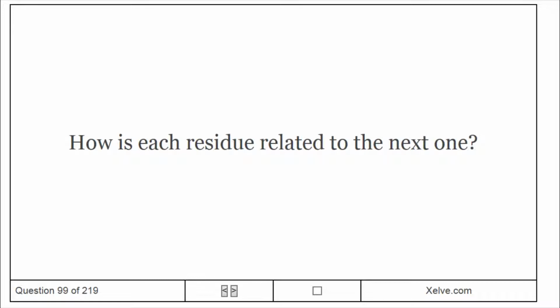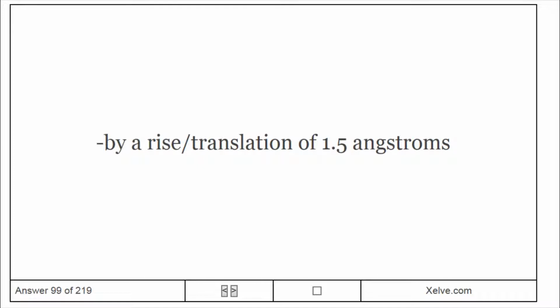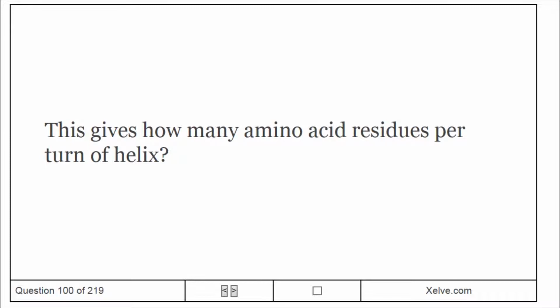How is each residue related to the next one? By a rise, translation of 1.5 angstroms.